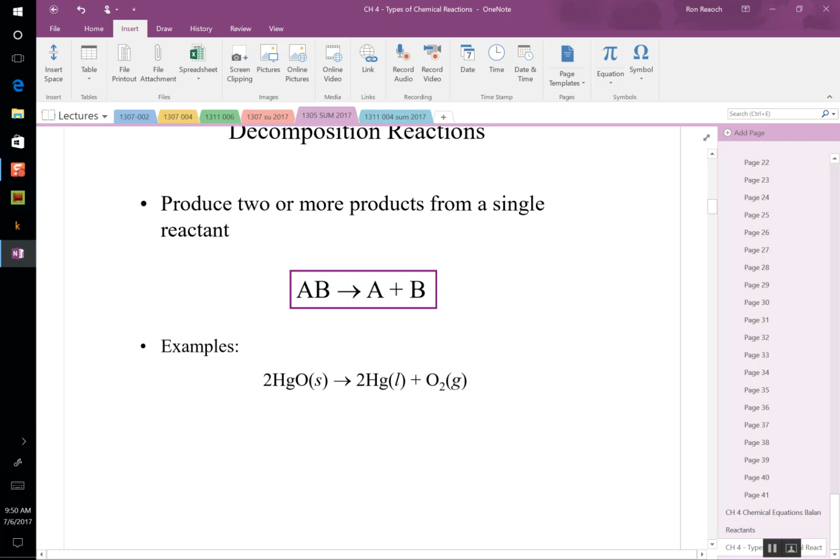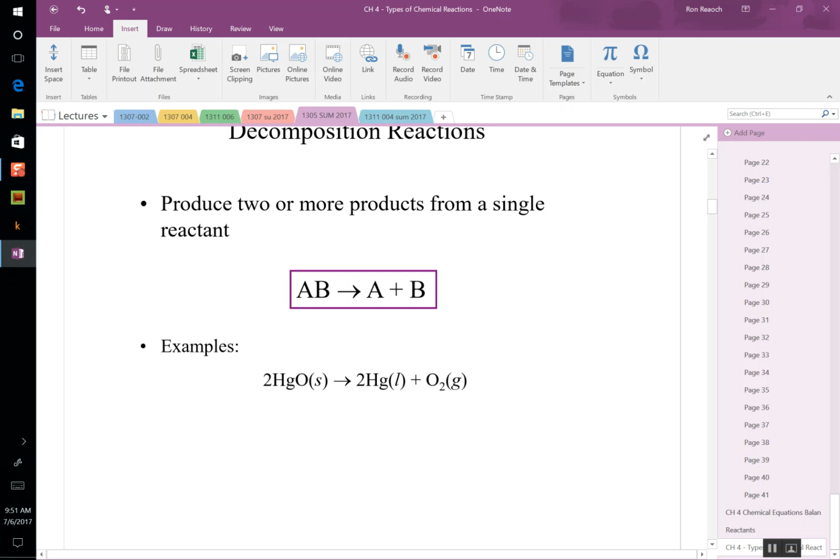It's decomposing into other things. So this was the example on the earlier slides, mercury(II) oxide forming mercury and oxygen. If you took any combination reaction and wrote it backwards, sodium chloride forming sodium and chlorine, all right? Decomposition.